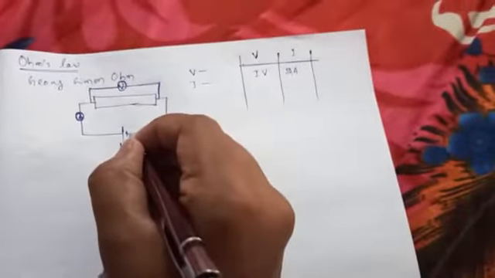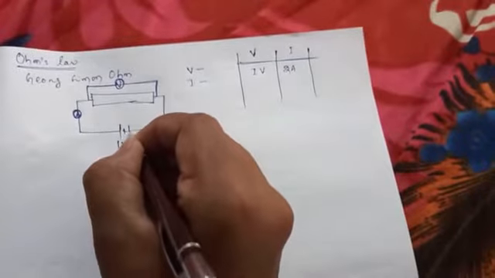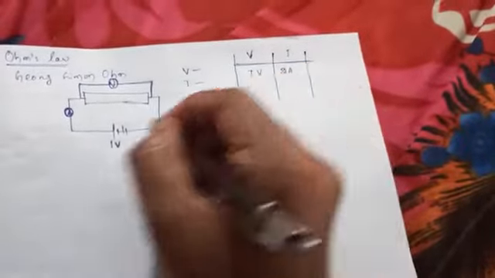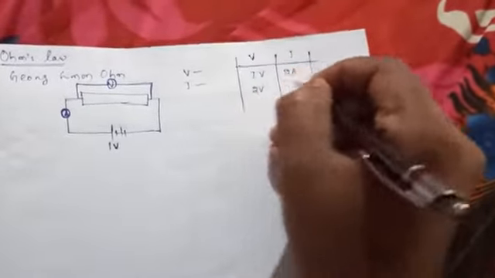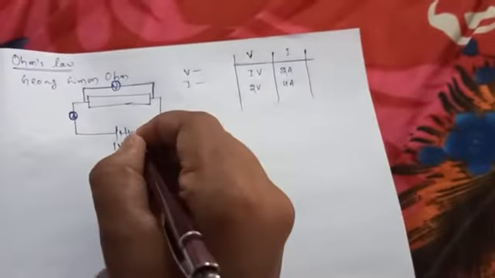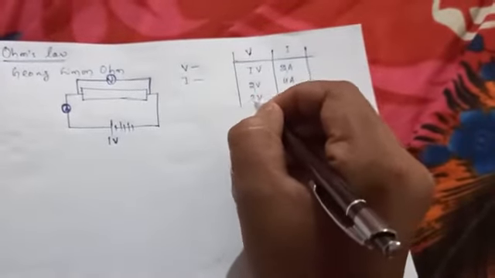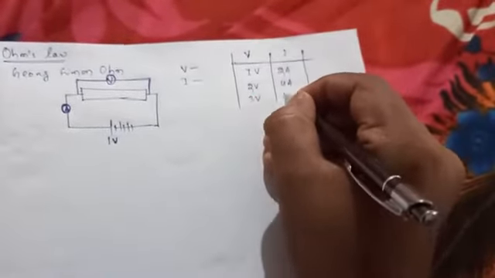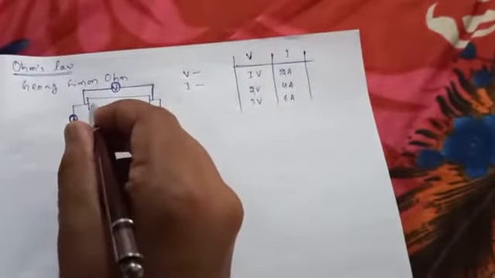When he takes another battery of 1 volt, that means 2 volt, he gets approximately 4 ampere. Similarly, when he connects another 1 volt battery, that means 3 volt, he gets 6 ampere current passing through the ammeter.